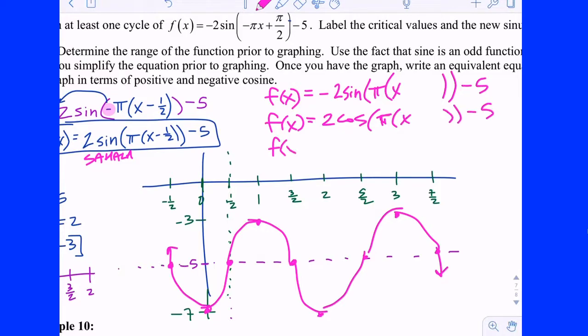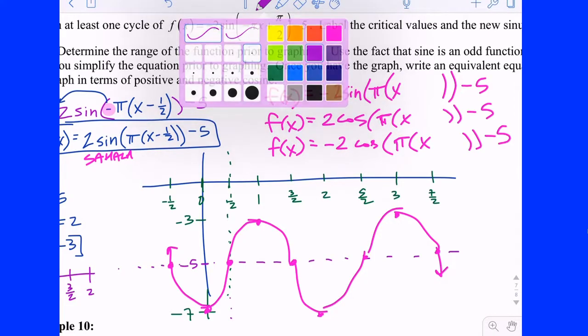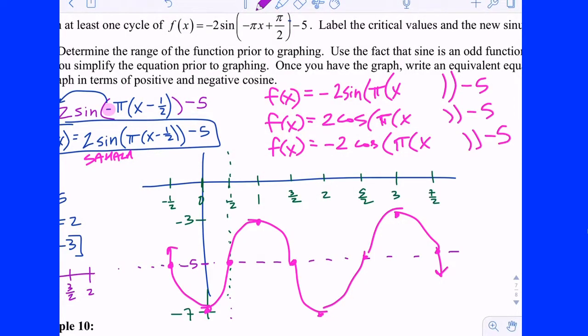And we'll finish with f of x equals -2 cosine, parentheses, pi, parentheses, x plus or minus something, -5. So again, this template format makes it real easy because you're focusing on all the stuff that's the same. And then you're coming back as a second endeavor and you're finding the x values that you need.